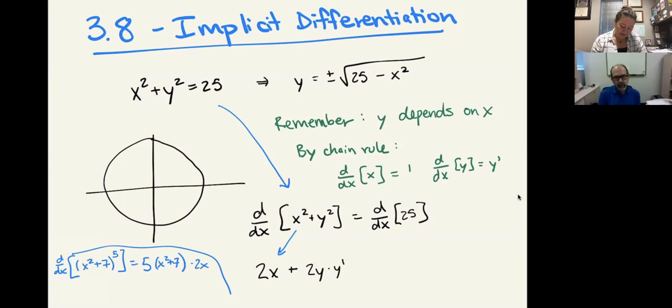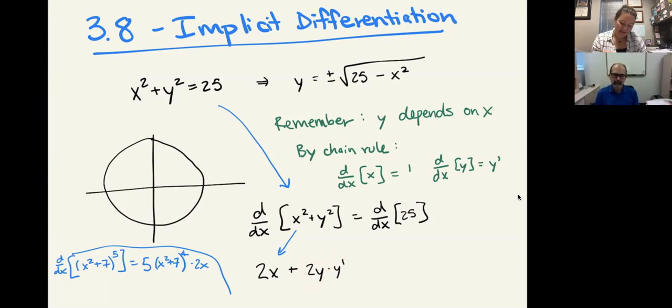It's the same thing here. I'm taking the derivative of y squared, so bring the 2 down, change the exponent, now it's 1. But then I'm multiplying by the derivative of what's inside. If I don't know what that is, it's just y prime.